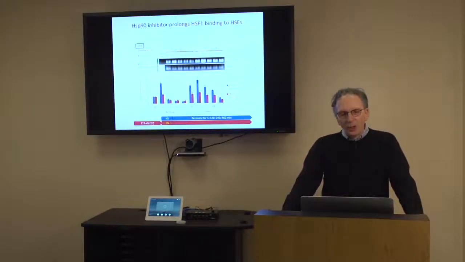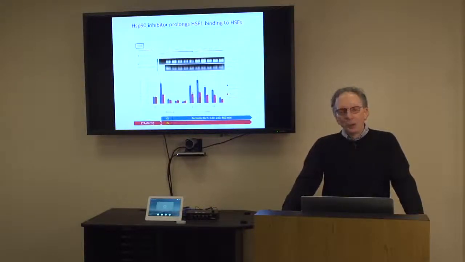So what you can see in the absence of 17-AAG, if you look at both the HSP70 promoter shown in blue and the HSP90 promoter in red, that N, of course, represents no heat shock, and that's set to 1. So all these values are in relation to no heat shock.